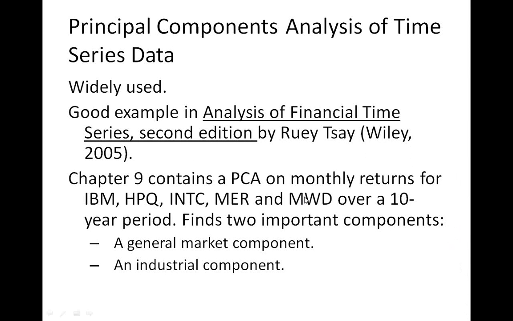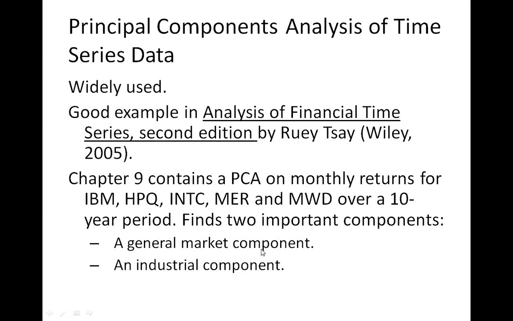And what he found is that there were 2 important components, 2 significant components that those 5 stocks shared. One was a general market component. It was a general trend over time, which was basically, I believe, up over that 10-year period. And all the stocks benefited by that general market component.